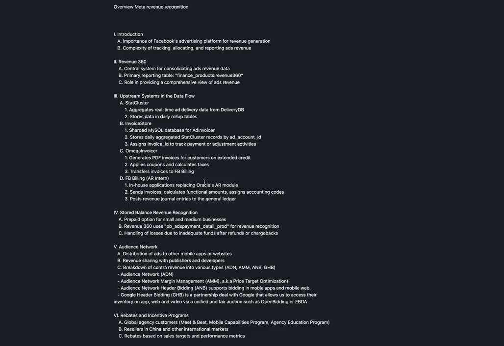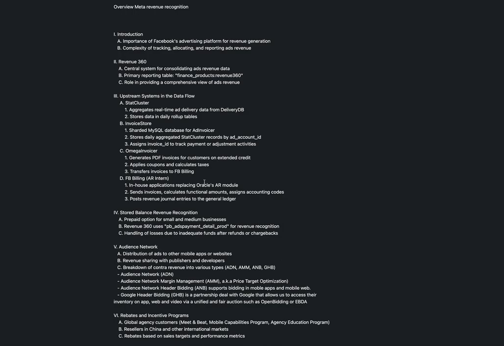This is not the data tool, it's more of a tool that you use to generate invoices. It takes line items from the invoice store, and that's why it's good to have it sharded by account ID, and that allows us to get all the necessary information. It applies coupons and taxes and just generates a PDF from them.